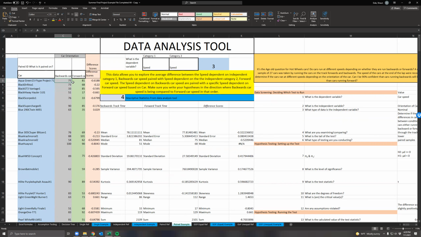So this car, this aqua green F prototype project 71, let's see here. I can grab this car really quick. So we've got this car, and it is right here. And this car going backwards went 75 miles an hour, but going forward it was 81 miles an hour.